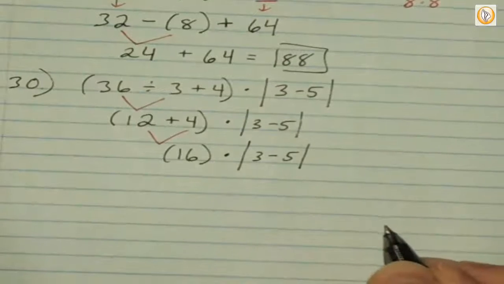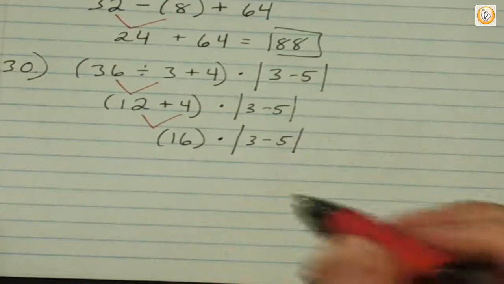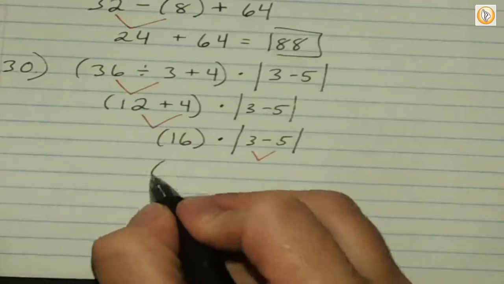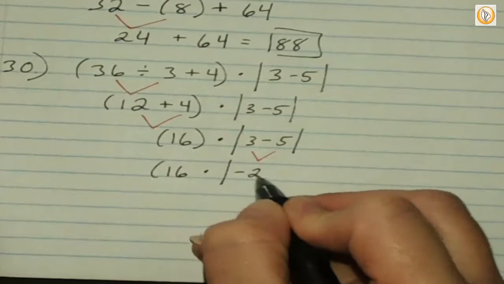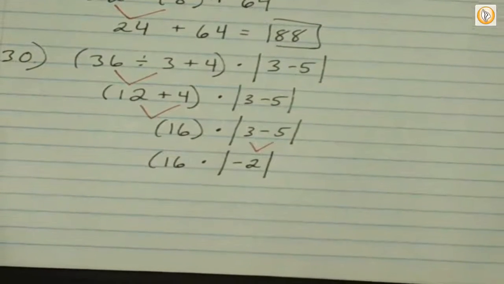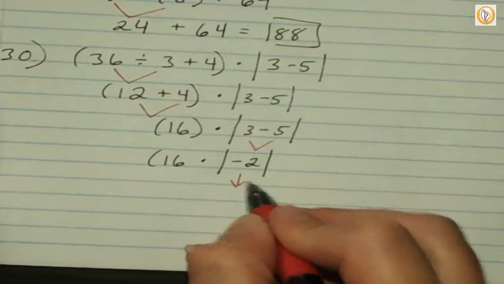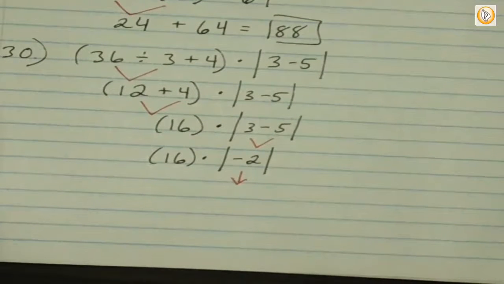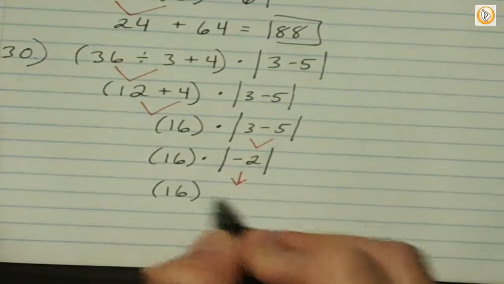And in the absolute value, in the box thing, that's negative 2. I'm rewriting my problem, so absolute value of negative 2. Kelly, what is the absolute value of negative 2? 2. That's right. Don't forget that.